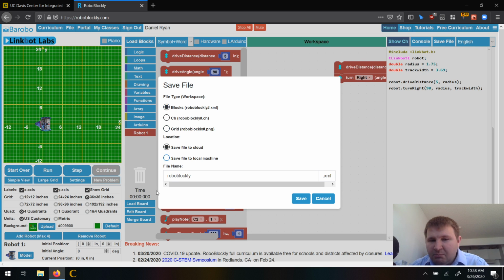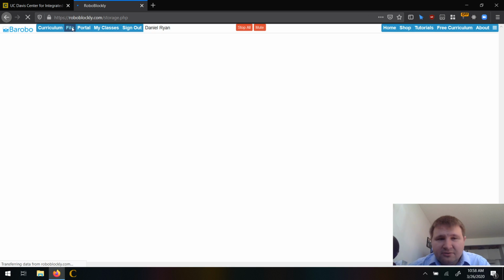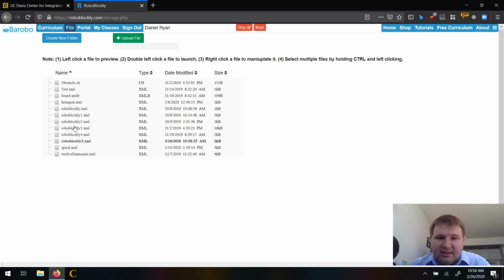So if I were to save the blocks into the cloud, I just really quickly want to show you what that looks like. So I saved it, and when I go into my file menu at the top left here, this is a cloud file storage that we have now that supports the RoboBlockly environment. I have a number of files that I've already saved here. The newest one is bolded here.